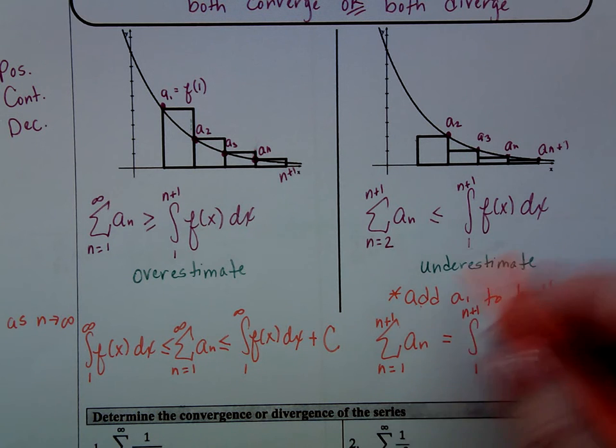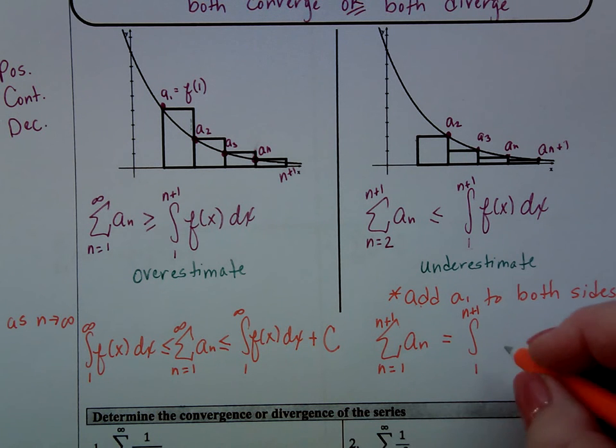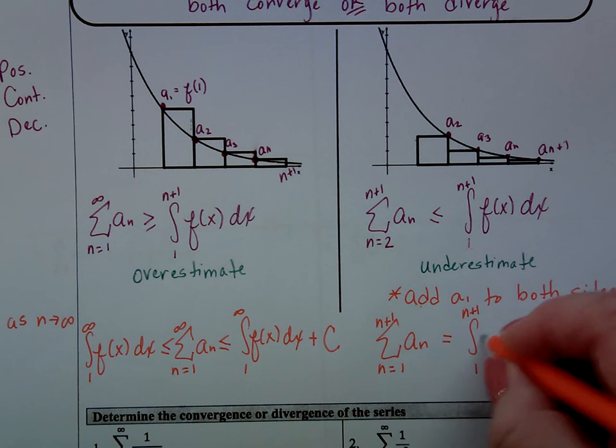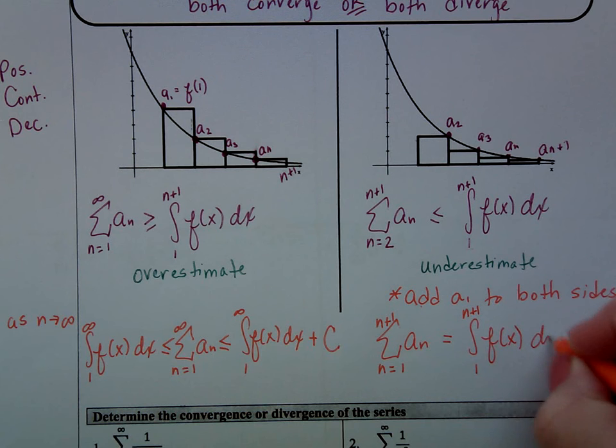It's going to be adding one more to both sides. So I have the integral from 1 to n plus 1 of my function f of x dx, and then I have to add on that a sub 1 term. So if I look at that, this is what this jargon is actually talking about.